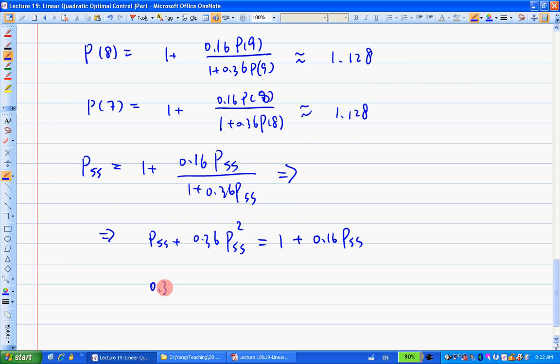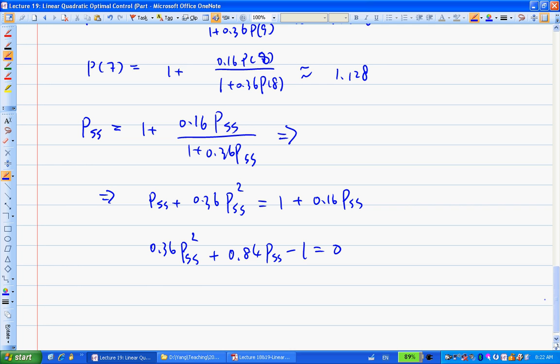Then a little simplification: 0.36 PSS squared, move this one over, so minus that, plus 0.84 PSS minus 1 equal to 0. You see that, right? If you multiply 1 plus 0.36 PSS to that 1 there, oh yeah, you're right. There should be 1 plus 0.36 here. Good point.